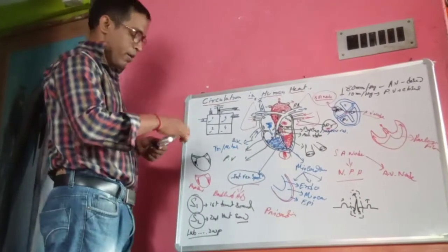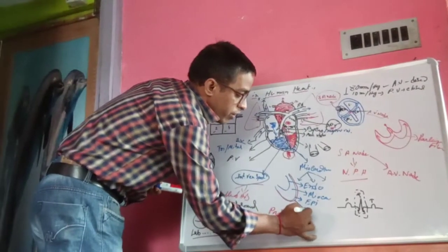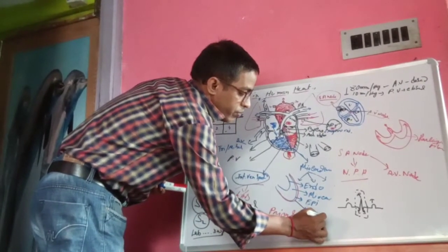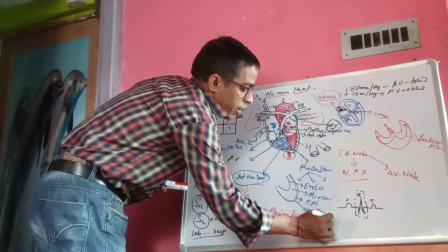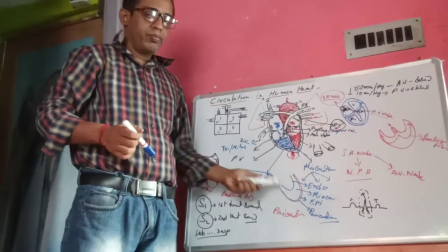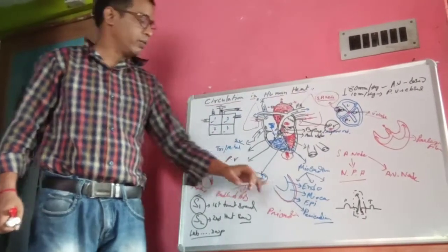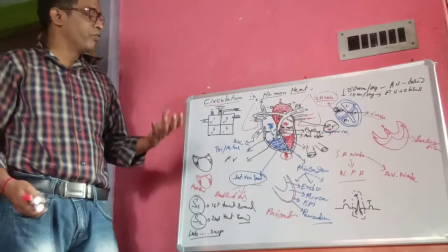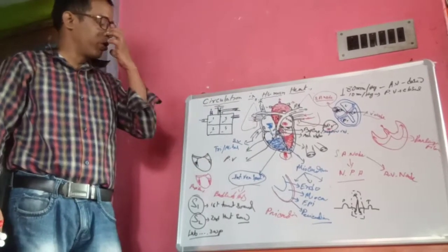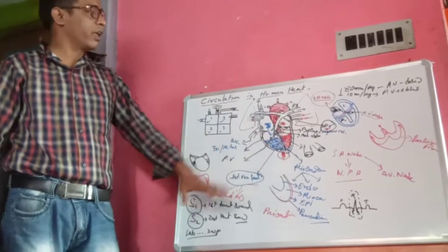This is called pericardium. Clear? This is the muscular portion of the heart, where the myocardium plays a very vital role in the contraction or relaxation of the heart during systole and diastole.